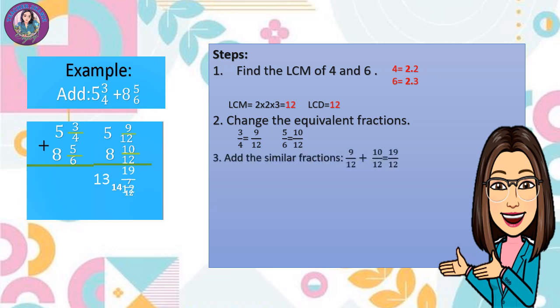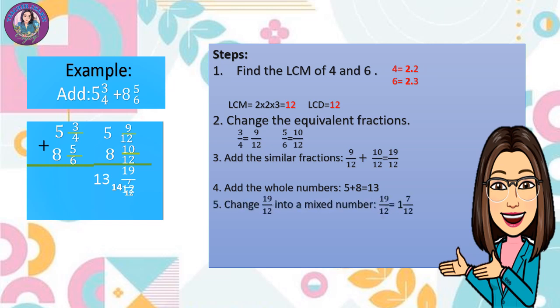Step 3. Add the similar fractions. So 9/12 plus 10/12 equals 19/12. Step 4. Add the whole numbers. 5 plus 8 equals 13.